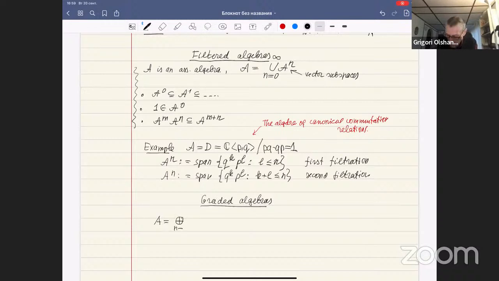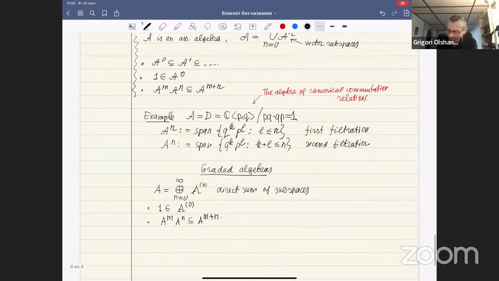So I want that our algebra is represented as a direct sum of subspaces. And the axioms are as follows. Again, we want the unity to be in the component number 0. And again, we want this.